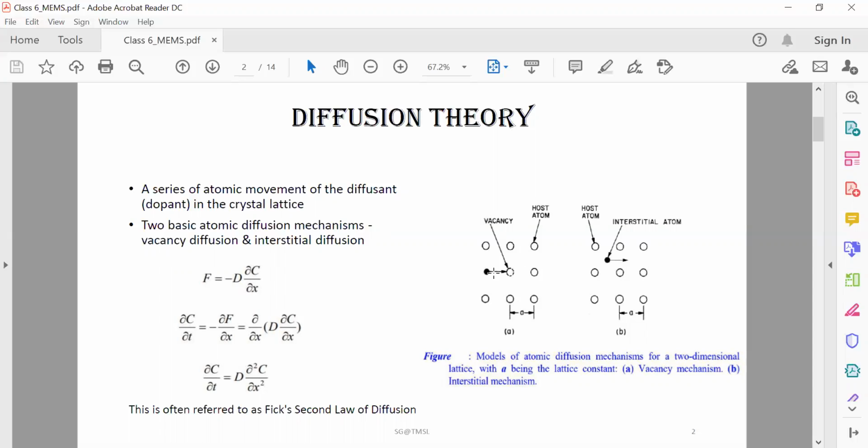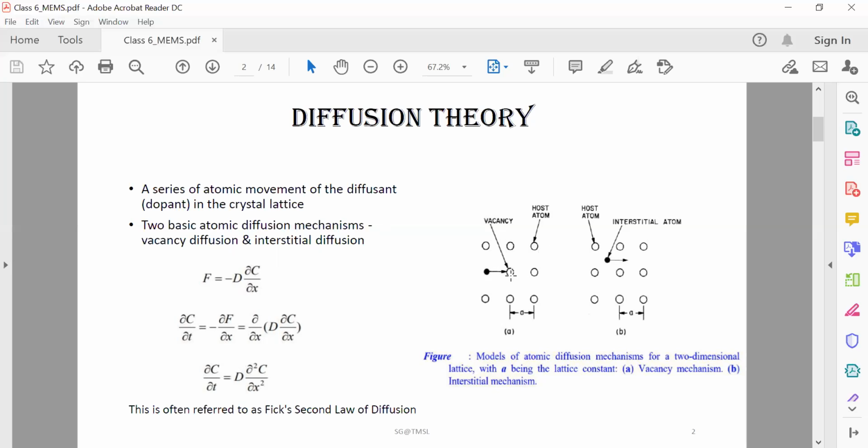represent impurity atoms. At elevated temperature the lattice atoms vibrate around the equilibrium lattice sites. There is a finite probability that a host atom can acquire sufficient energy to leave the lattice site and become an interstitial atom, thereby creating a vacancy.